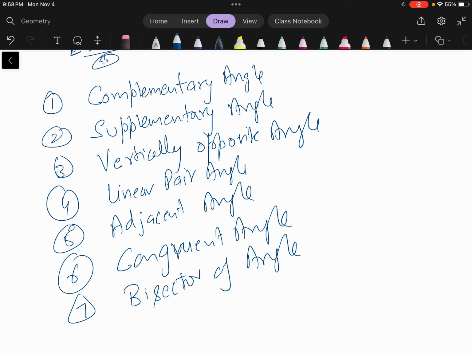And the last one, adjacent angles, which we already discussed. So these seven steps we discussed in this topic.